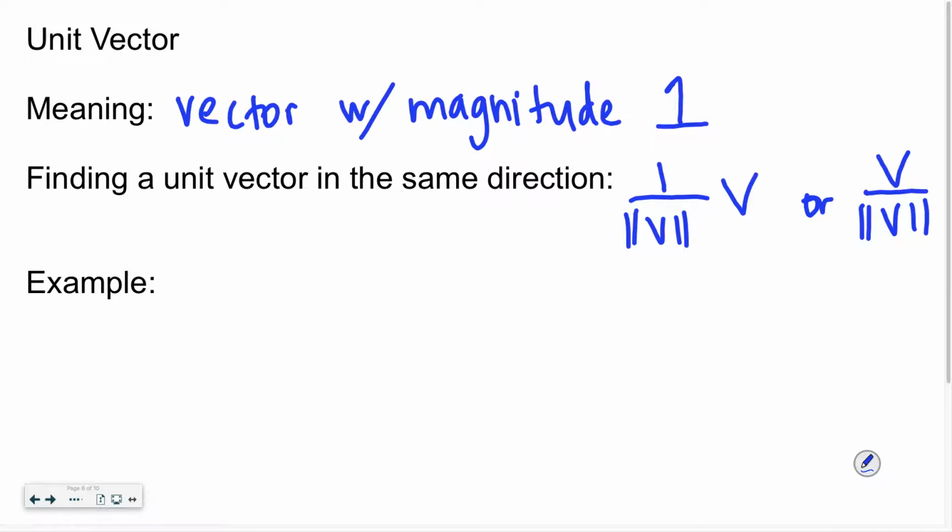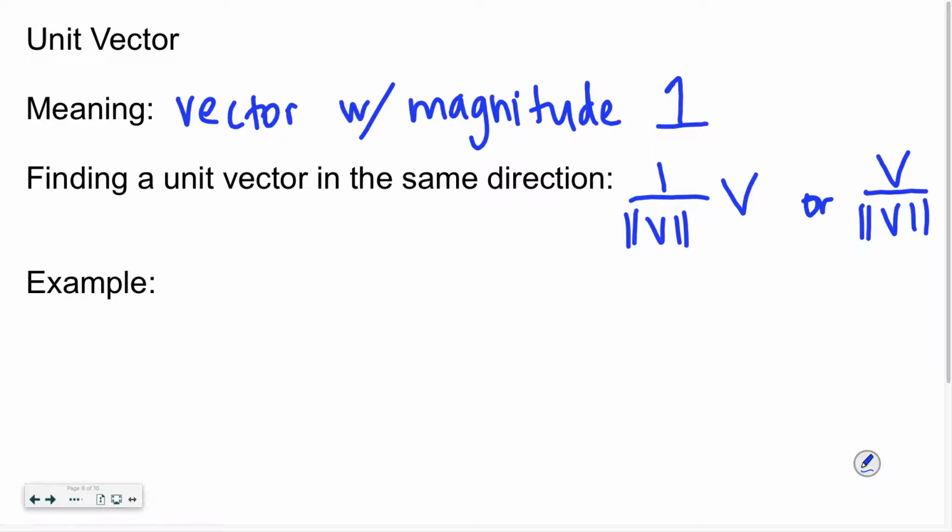If we divide a vector by its magnitude, it forces us to have a vector of magnitude 1. Like if you find this magnitude, they would cancel out to be 1. Okay? So what's nice is our formula is the same for 3 dimensions. Our magnitude just has 1 extra step in it than before.